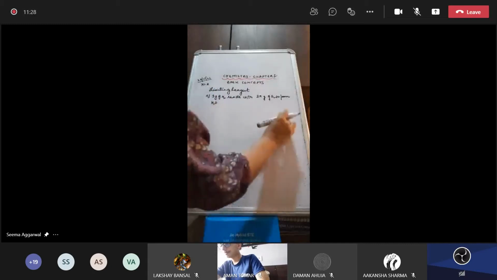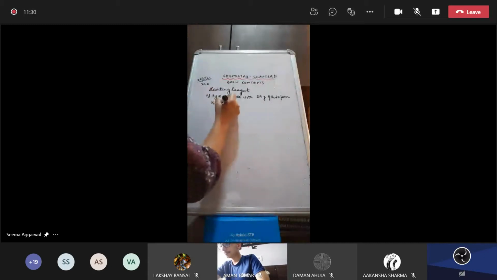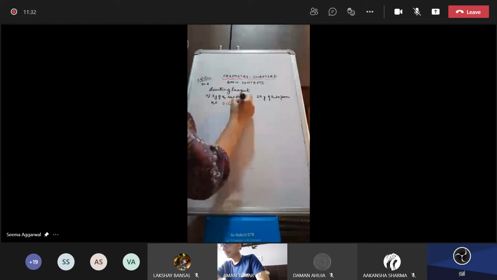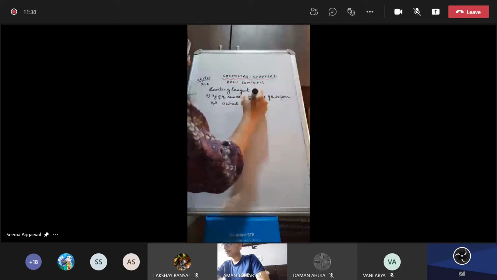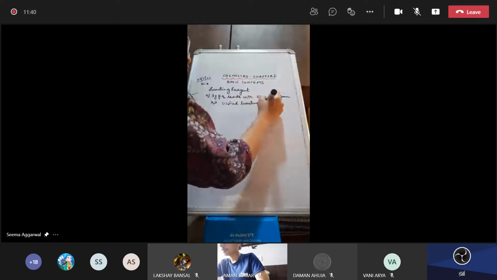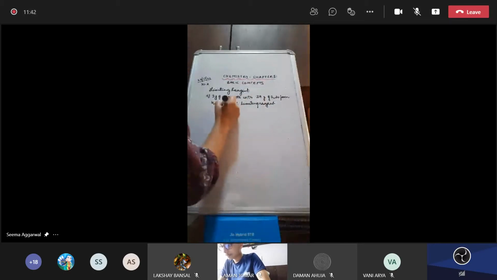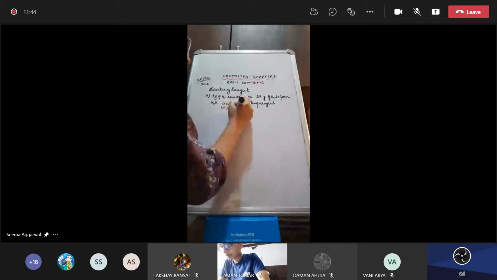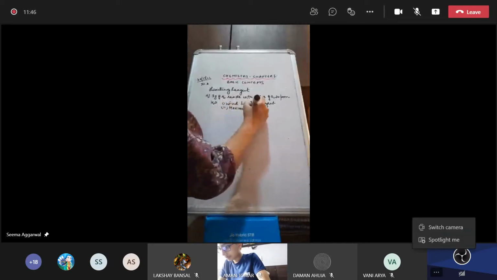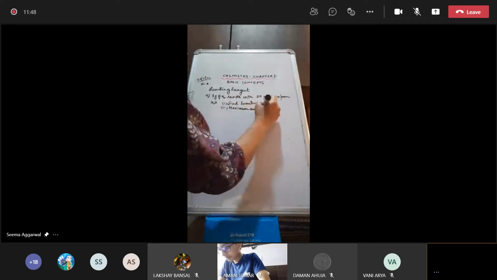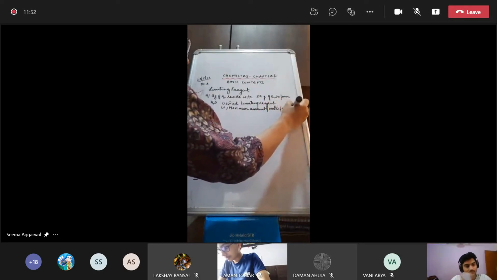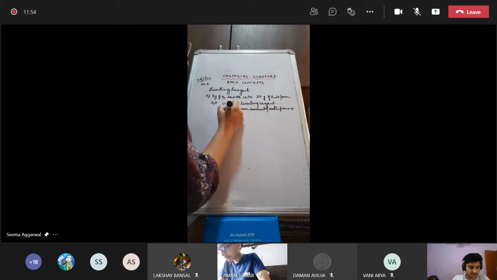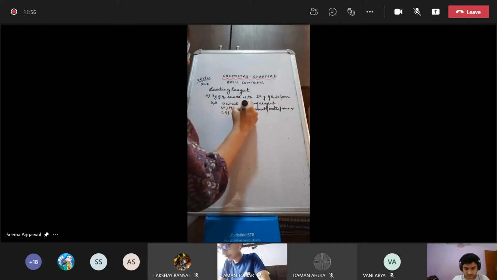First part, calculate the limiting reagent. Define limiting reagent. Second part, maximum amount of water formed. Third, amount of reagent left.